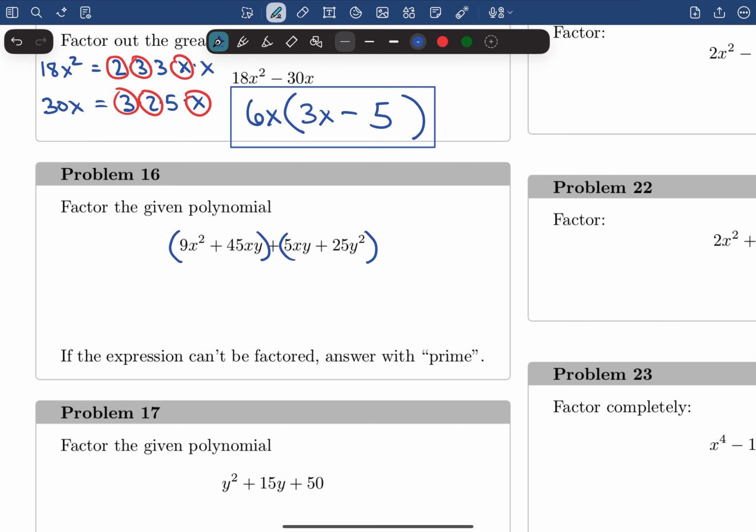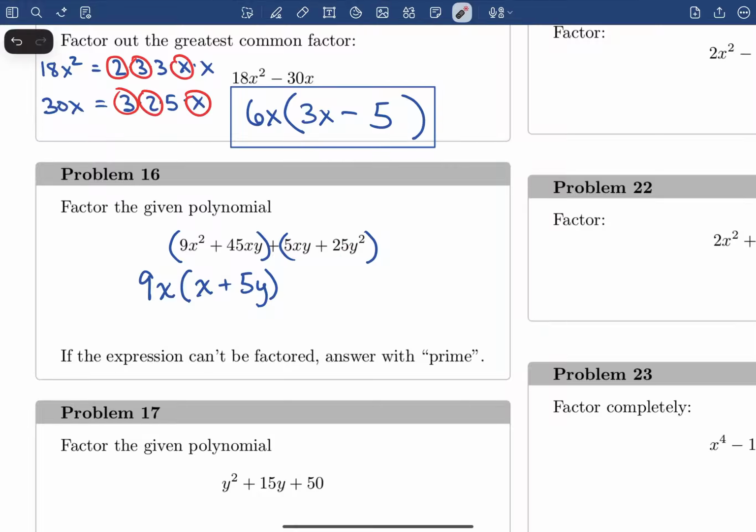And I look at 9x squared and 45xy, and I say, well, 9x is the GCF. And what's left when I factor out 9x is an x plus 5y. That's what's left. And then I look at the third and fourth terms, and I say, well, what's the GCF of 5xy and 25y squared?